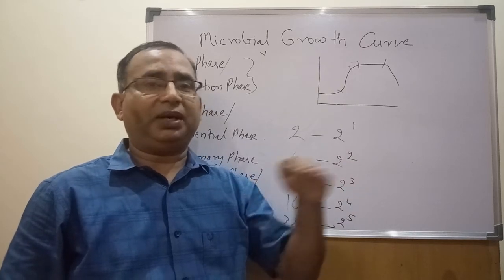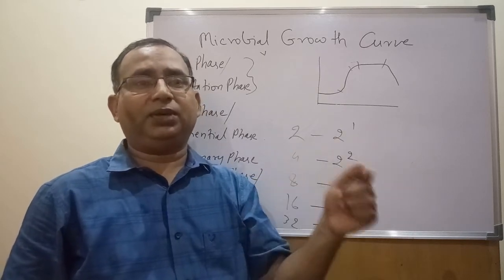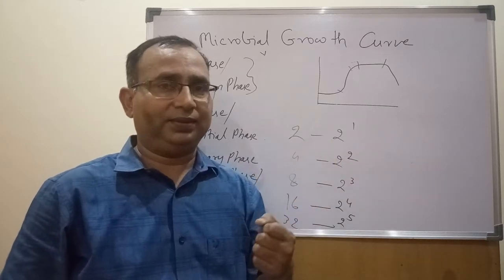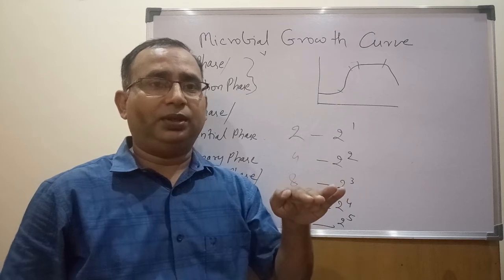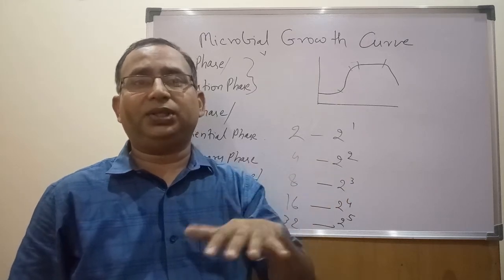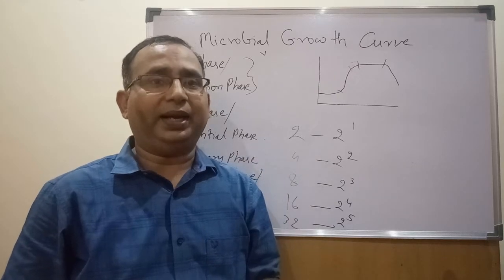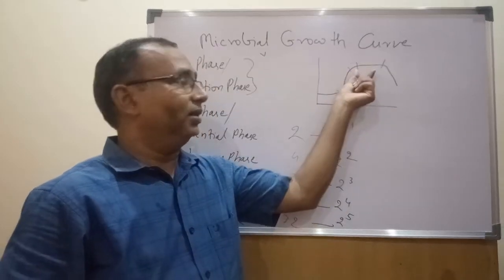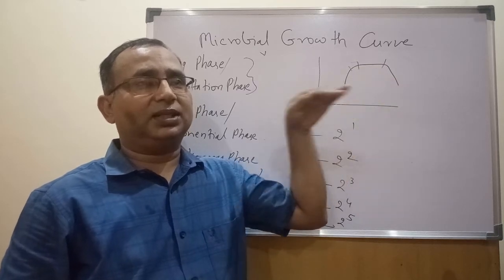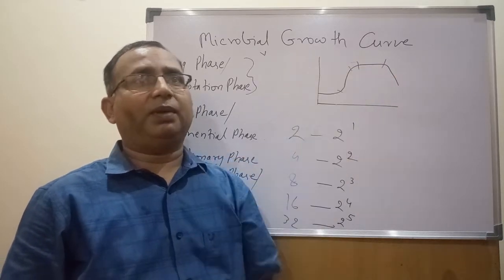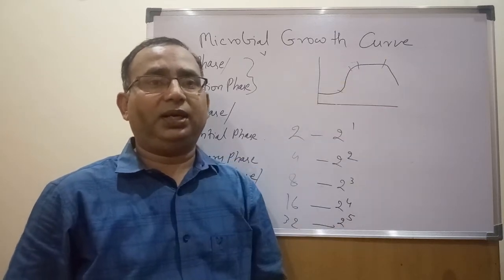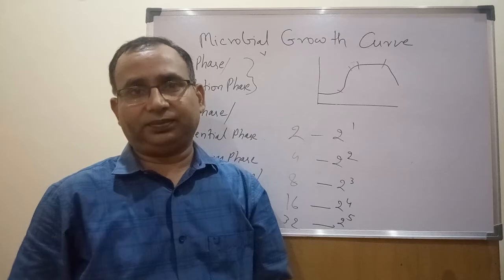Means the number of generated microorganisms becomes equal to the number of microbes dying, resulting in a condition where the total microbial population remains constant, and hence this phase is called the stationary phase, because the total microbial population remains stationary or stagnant, and does not change with time.